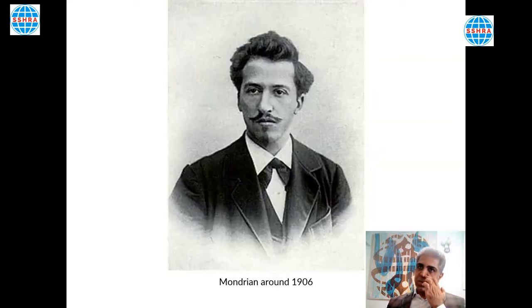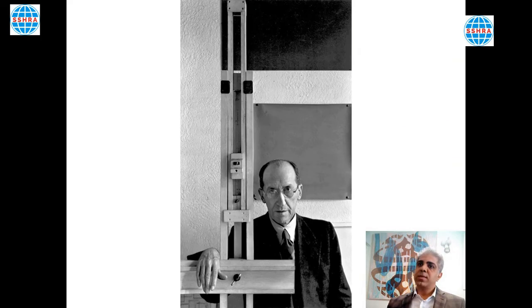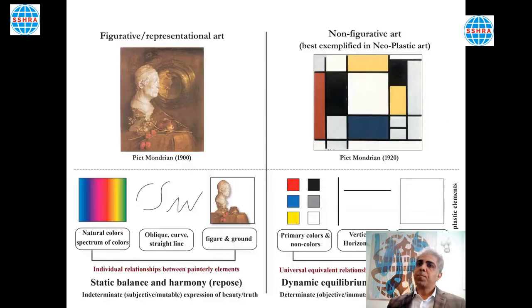Just a photo of Piet Mondrian. I'll go fast because I want to focus on here. What Piet Mondrian did was very big in the modern era. He changed from representational painting, which he created around 1900, for example, to what you see on the right side.